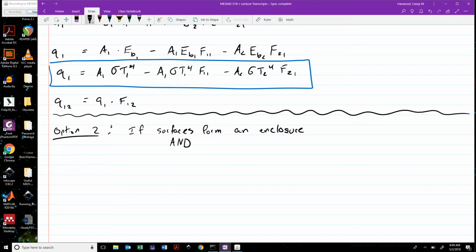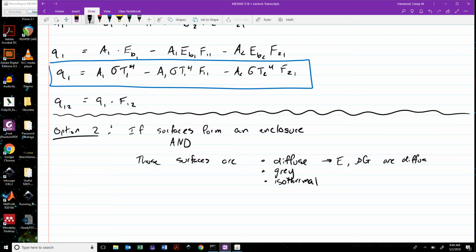And then this one has a couple of limiting assumptions here. Those surfaces are diffuse, gray, and isothermal, right? Diffuse means they emit and scatter radiation in all directions, so basically here, E and rho G, diffuse, that's what that one means.